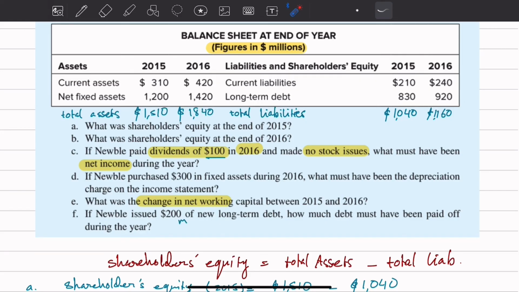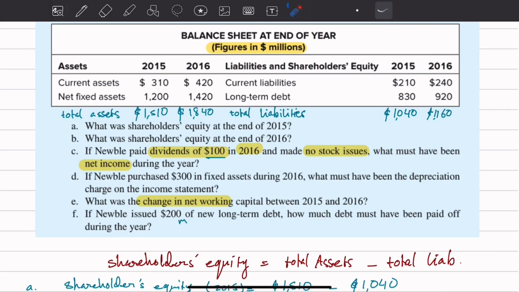So if we ignore the fact that the company has paid off any of their long-term debt, that means this number should increase from 830 million to 1 billion and 30, which is 830 million plus 200 million. But as you can see, the long-term debt is actually less than that. So that means that the company has paid off some of their long-term debt.